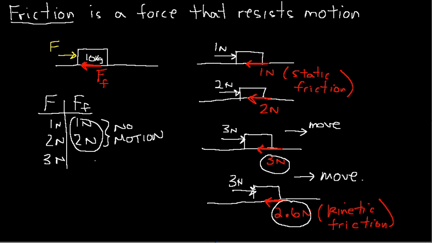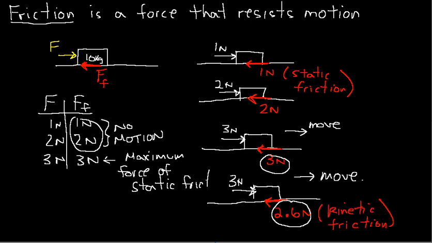Then I applied 3 newtons, friction applied 3 newtons back, but this was the maximum force of static friction. The maximum force of static friction that the box was able to supply against my motion was 3 newtons. It was the maximum force before the box started moving.